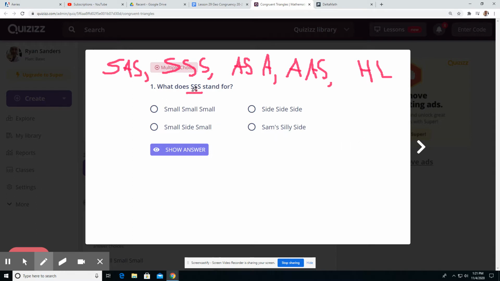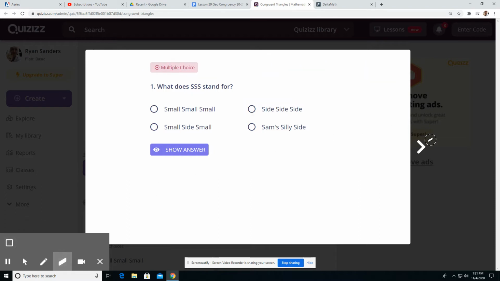So, what does SSS stand for? Side, side, side. What does SSS prove?